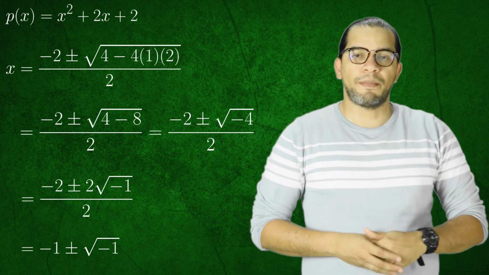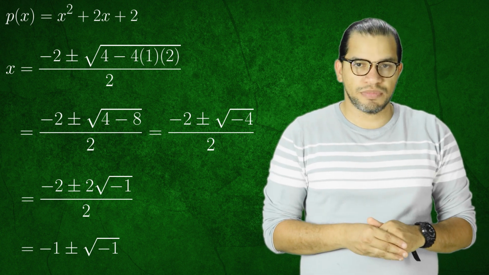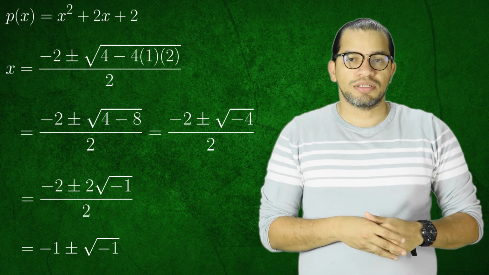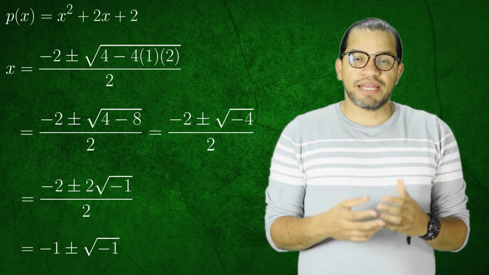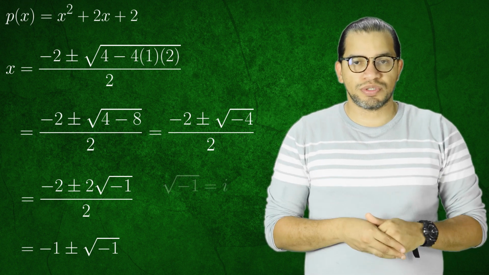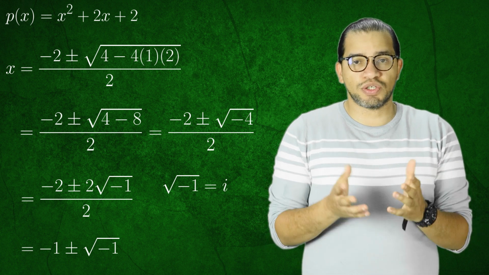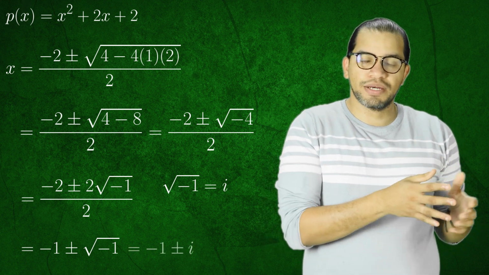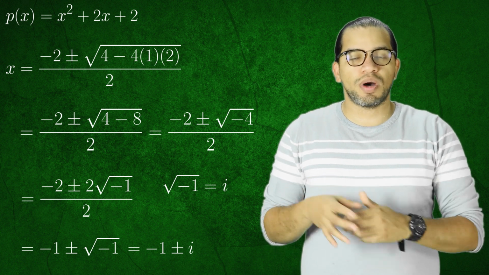The first one, minus 1 plus the square root of negative 1, and minus 1 minus the square root of negative 1. And if we express the square root of negative 1 by the letter i, then the solutions are minus 1 plus i and minus 1 minus i.